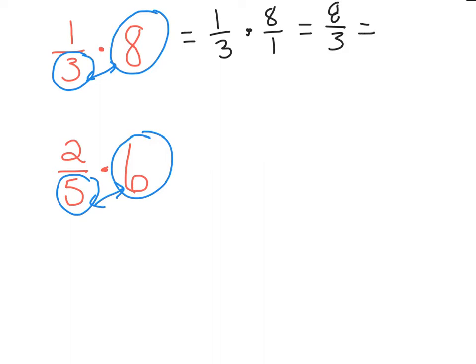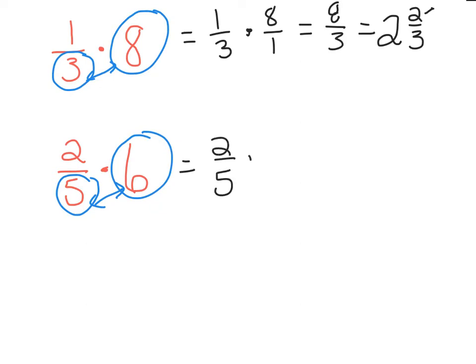So we can leave it as the fraction or turn it into a mixed number, which would be 2 and 2/3. 3 goes into 8 2 times, with a remainder of 2 for our numerator here, and the denominator stays 3.